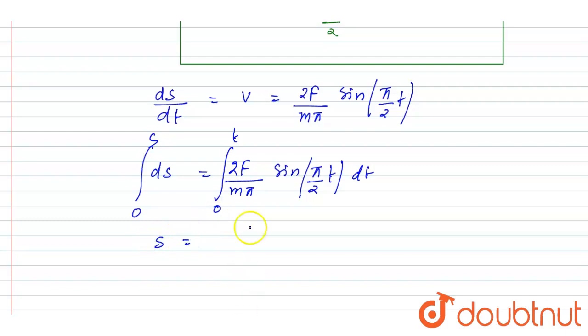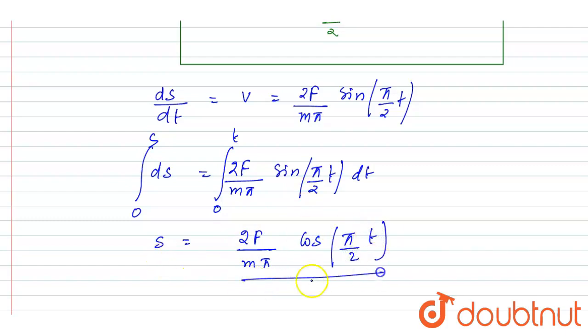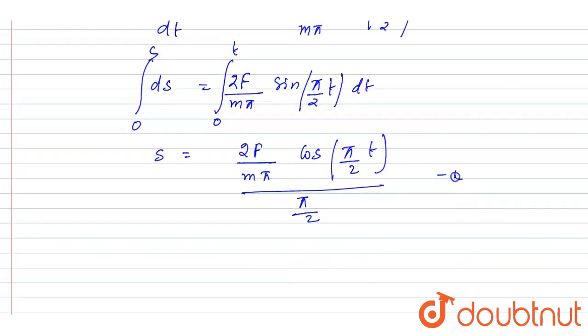We want the distance, right? So there will be a negative sign, but we will take the mod. Since we are considering only the magnitude, since we want the distance, I will only write down the magnitude. Minus 0, right? So from here we got this expression.